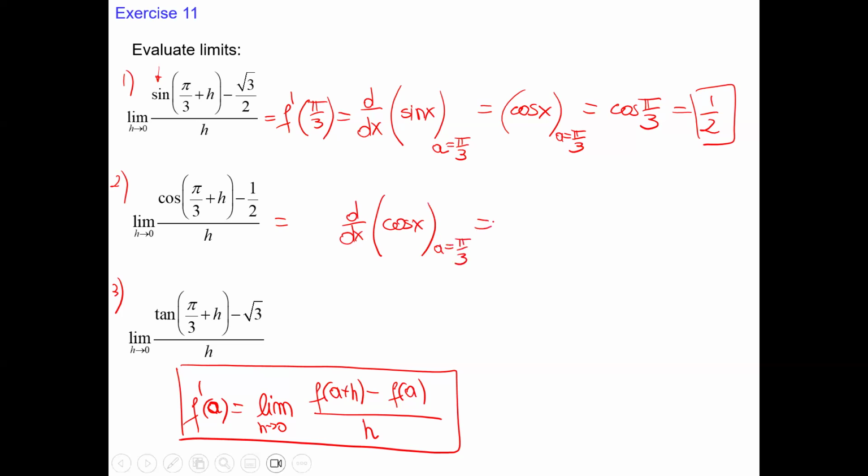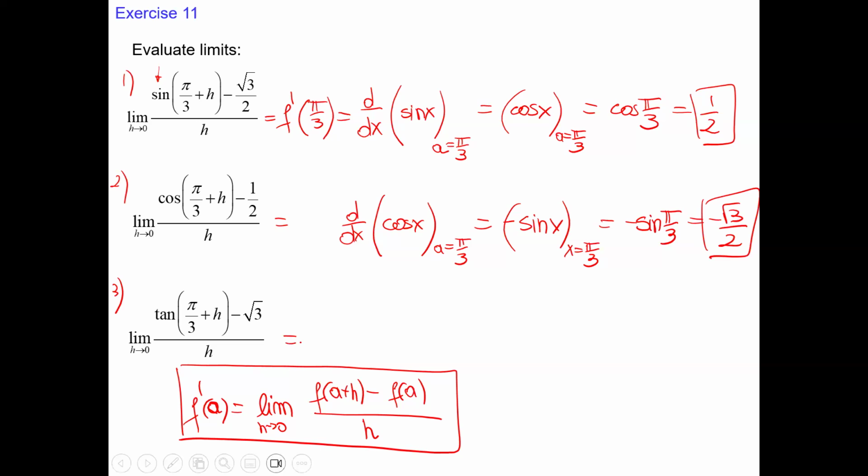You can pause the video and then come back. The derivative of cosine is negative sine of x. At the point x equals pi over 3, negative sine at 60 is negative square root of 3 over 2.